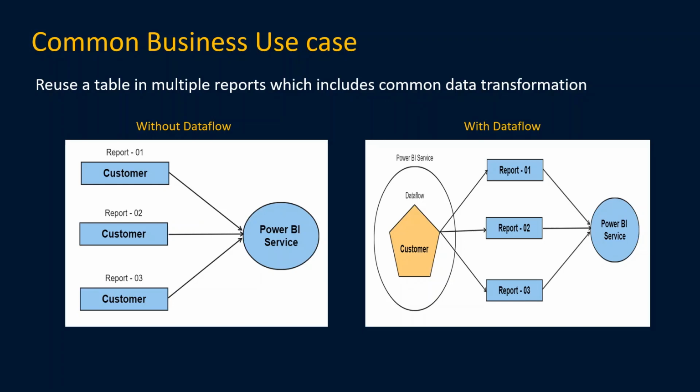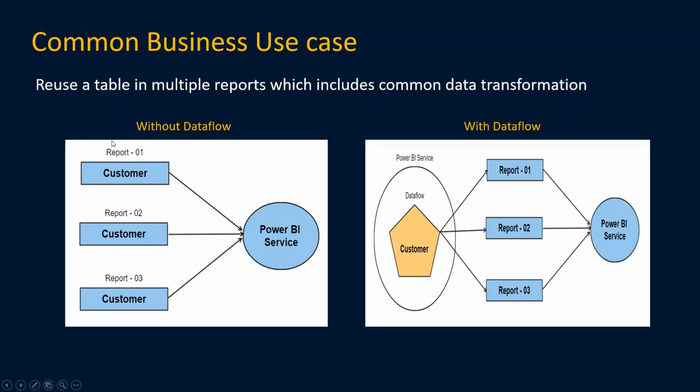So every time, we are connecting to the source system and connecting to that particular table and getting the data, right? And let's say we have a second report, and in that report also the same table needs to be utilized, then again we are connecting to the source system and getting this table, right? So this approach will happen for each and every new report.